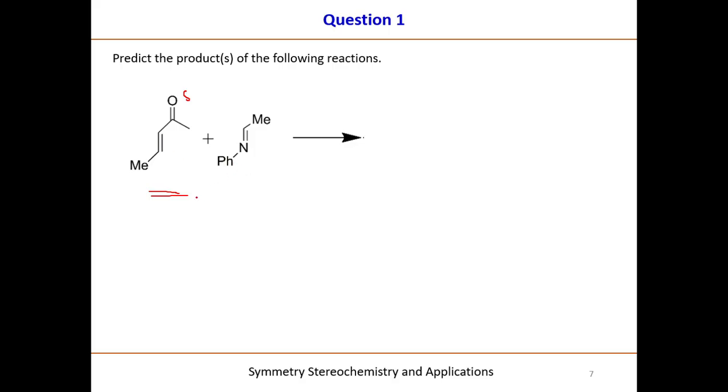So it will undergo a 4+2 cycloaddition reaction, because we have 4 pi electrons here, and here we have 2. So now we will see how it's reacting. For simplicity, you can write this way also. Then it will become simple.